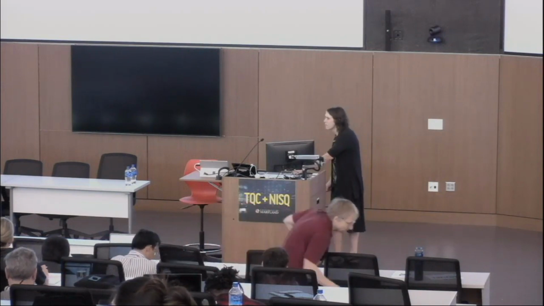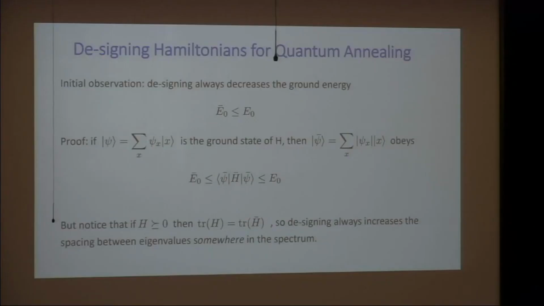Do you know how your de-signing procedure works with frustration-free Hamiltonians? With the frustration-free Hamiltonian. So let's see. Here you would start with a non-stochastic Hamiltonian, and you would de-sign it and hope that the resulting Hamiltonian somehow ended up as frustration-free.